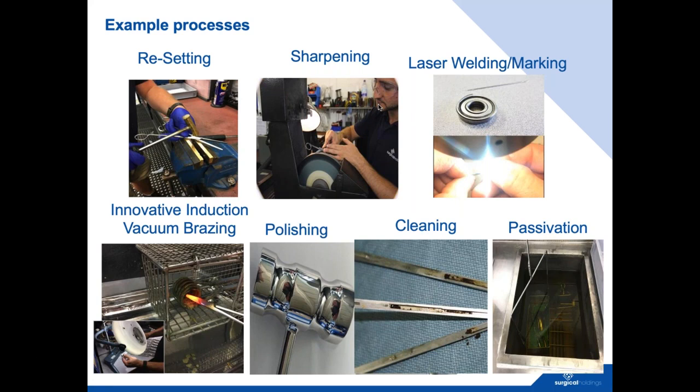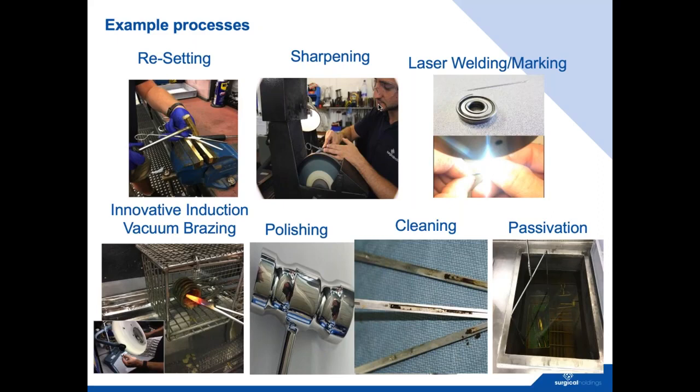But that inspection piece will totally negate the cleaning and sterilization if these instruments go to the operating theater, and the surgeon is frustrated because his scissors don't cut or her clamps don't clamp or whatever the issue might be. But this part is so vitally important. Yeah, no, I totally agree there.